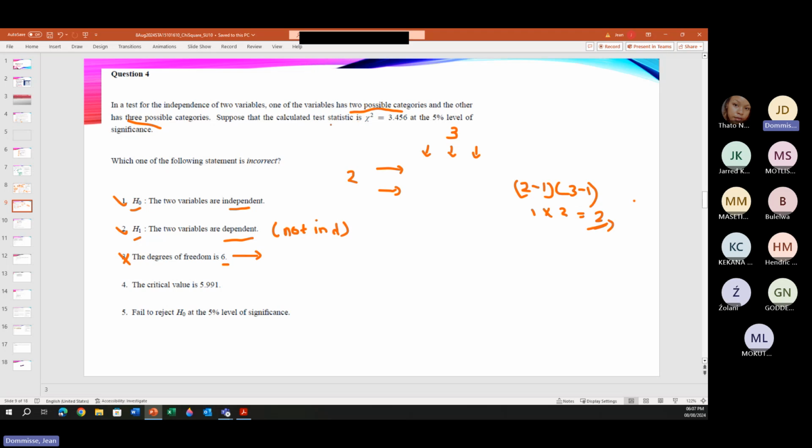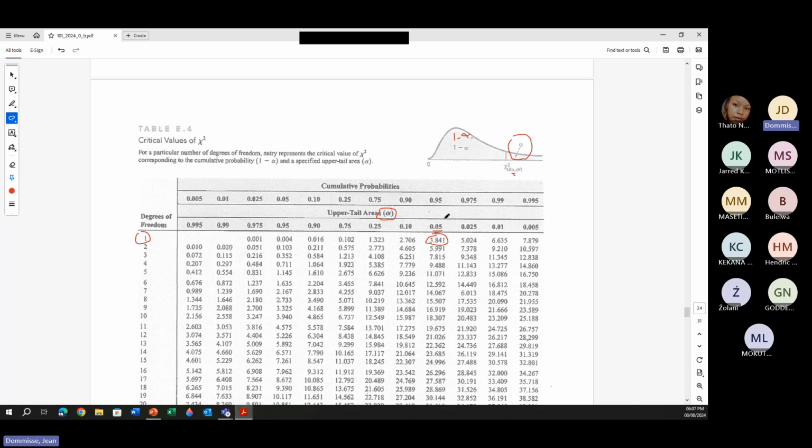Then they tell us, suppose the T-stat is that. So first let's work out what is the critical. Degrees of freedom is 2. Remember, the alpha is 5%. So back to the table, 2 and 5.